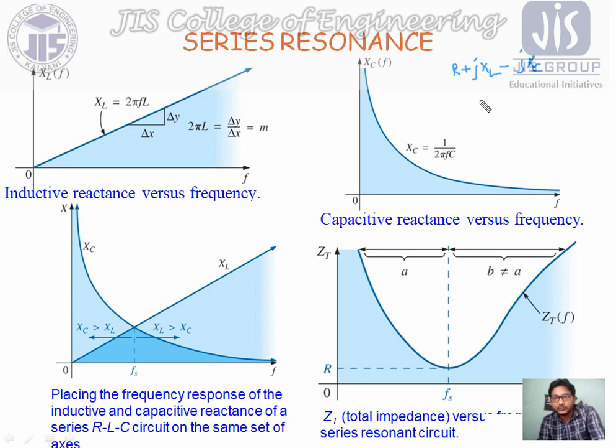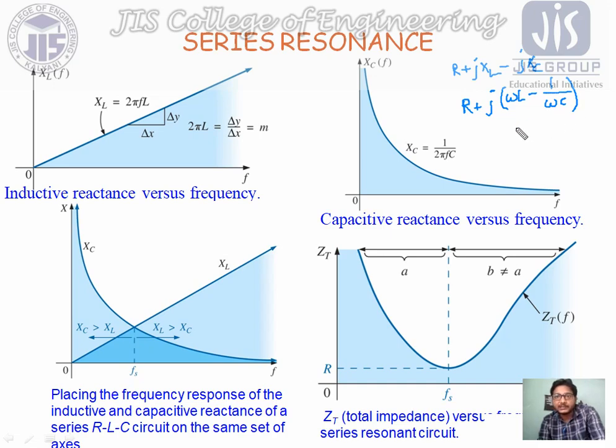If we put in the values of XL and XC, the actual value is R plus j into omega L minus 1 by omega C.